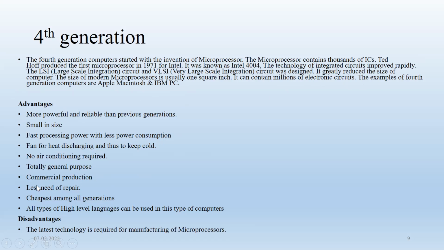Commercial production, less need of repair, cheapest among all generations, as it was invented for general purpose, so it was very economic. All types of high level languages can be used in this type of computer, but still manufacturing of microprocessors was not an easy task.